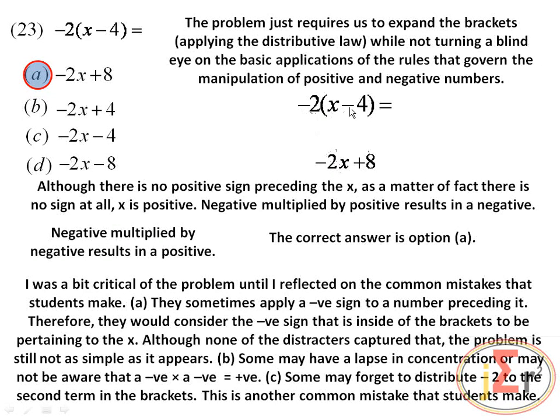We just say minus 4 and we put minus 4 here. The distractor is there for it, and I think that is a beautiful distractor that we have right there. So the common mistake of not distributing the negative 2, the one that precedes the bracket, to the other term in the bracket is a common mistake that students make.